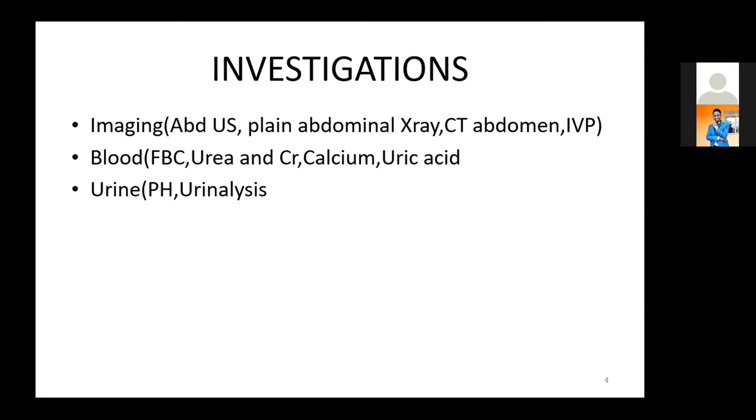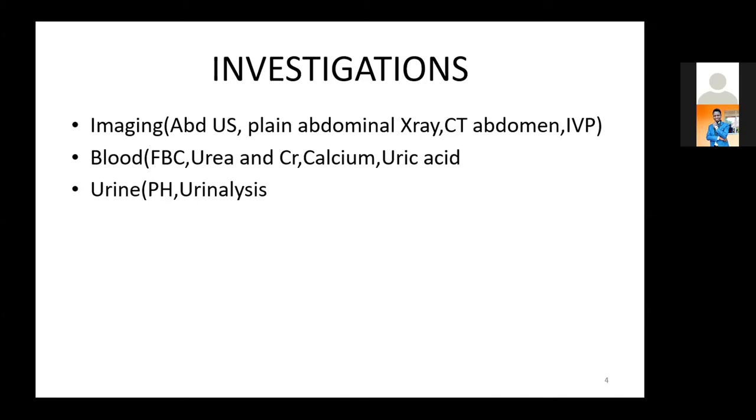And then we have plain abdominal x-rays. As we shall see, the calcium stones are radio-opaque, but there are some stones that are radiolucent, especially the uric stones. So doing a plain abdominal x-ray and you don't see stones does not mean they are not there. The abdominal CT is also more sensitive compared to a plain abdominal x-ray.